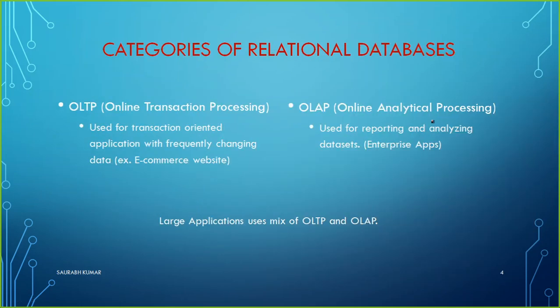Next point is categories of relational database. There are two categories of relational database also. Before, we have seen that there are two types of database, relational and non-relational. In the relational database also we have two categories now. One is OLTP and one is OLAP. OLTP is online transaction processing, whereas the other one is analytical processing. The name itself gives a clear idea.